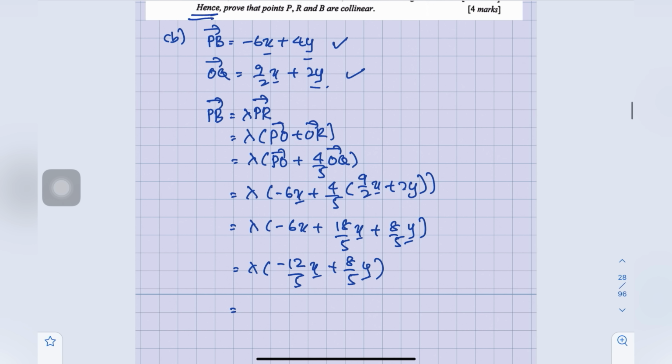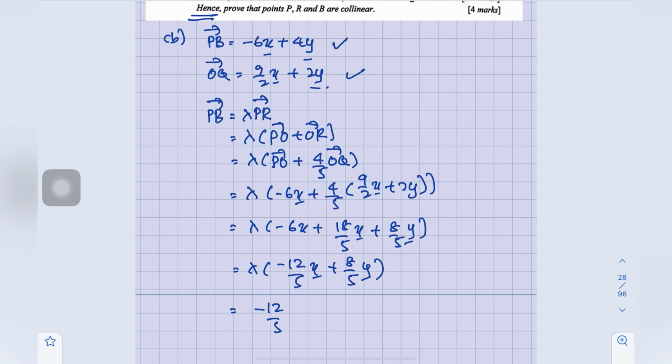Then we expand lambda: negative 12 over 5 lambda x plus 8 over 5 lambda y. This is PB.